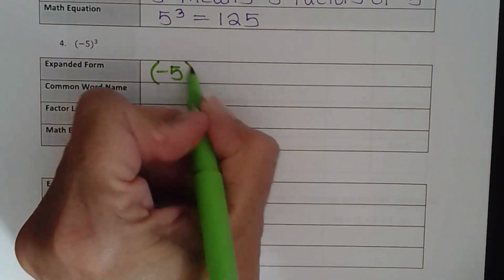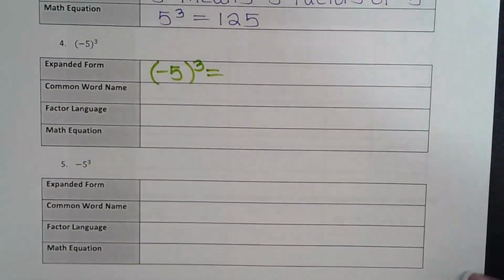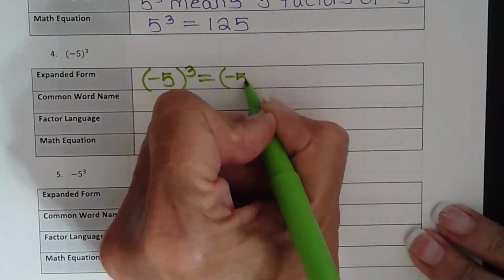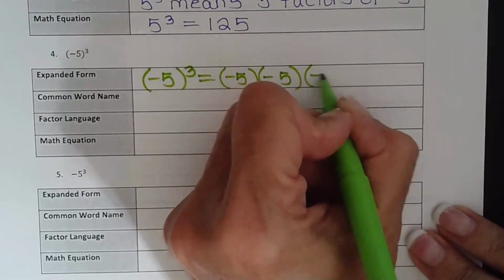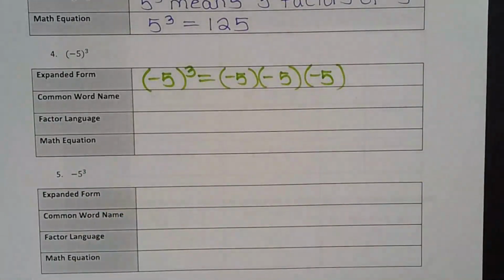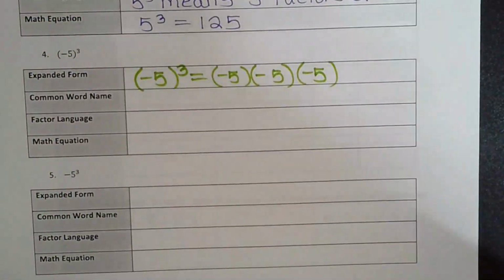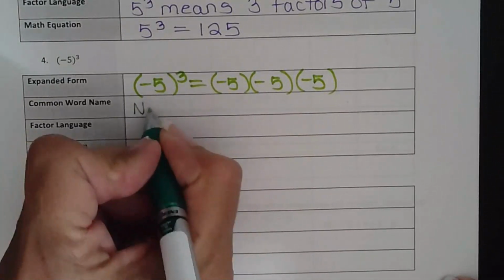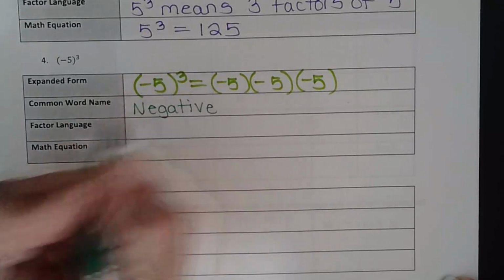Okay, so -5 cubed means, and the base is negative, so you must put each factor in parentheses. -5 times -5 times -5. And common word name would be -5, and then you could put a comma, or you'd say the quantity -5.